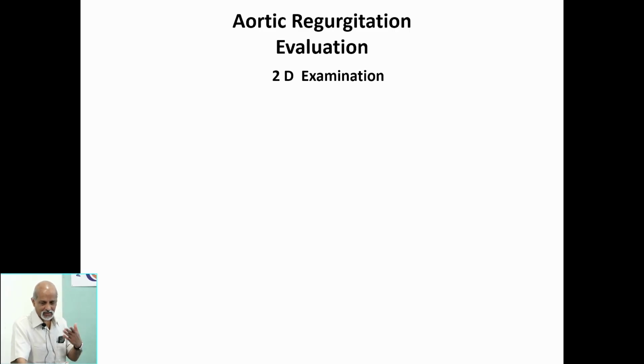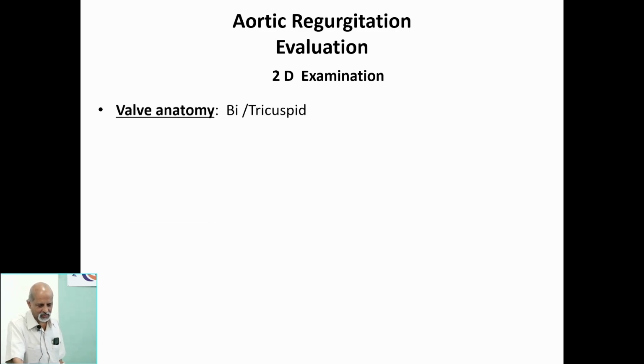The valves can be unicuspid, they can be tricuspid, or they can be quadricuspid as well. If you pick up a quadricuspid, just keep it with you. If you pick up a unicuspid, also keep that image with you, because they are rare occurrences. And then you look at the cusp thickening and calcifications, and whether there is any evidence of perforation or vegetation, if you are looking at the aortic valve.